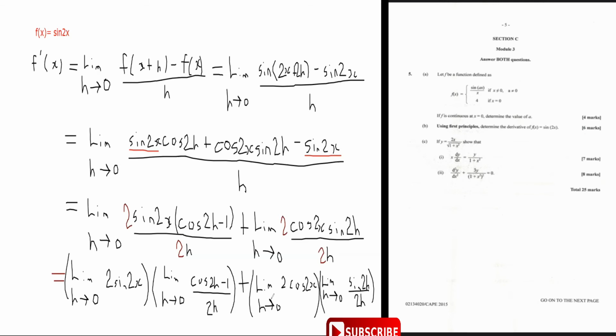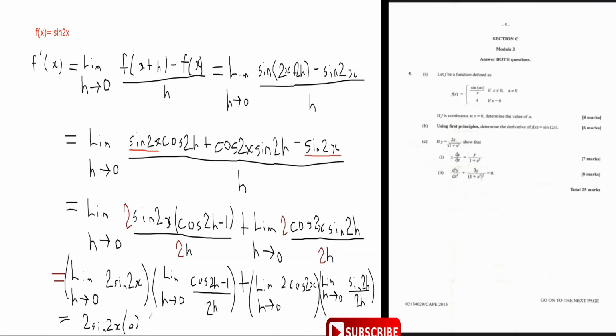Now, plugging in h as 0, the limit as h approaches 0 of this is just 2 sine 2x, but then plugging in h as 0 here, you get times 0.